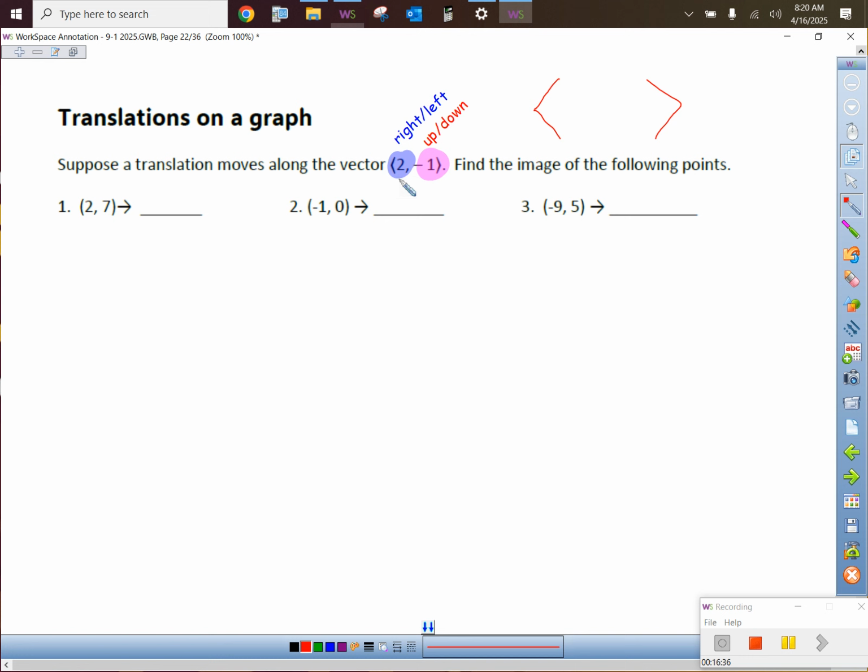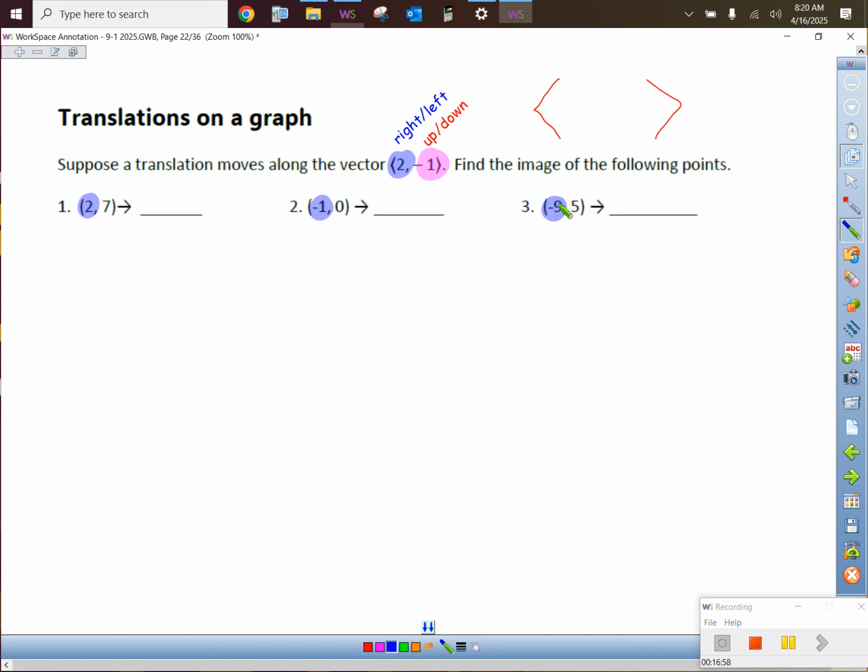This blue thing is going to take all of our x coordinates and move them 2 units to the right. How did I know it was to the right and not to the left? What do you think it would have to be to make it go left? A negative value. So all this means is I need to add 2 to all of these x values. And because they're asking me to do the same rule on all of these, I personally just go do all the x's first, because isn't the rule plus 2, right?